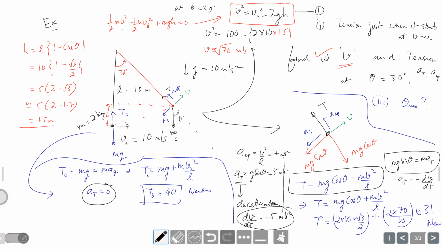So as it is becoming more and more inclined, that mg sin theta component is more and more rapidly reducing the speed. It's not losing speed in a uniform manner. So not only is it a non-uniform circular motion, but it's a non-uniform circular motion with non-uniform deceleration.